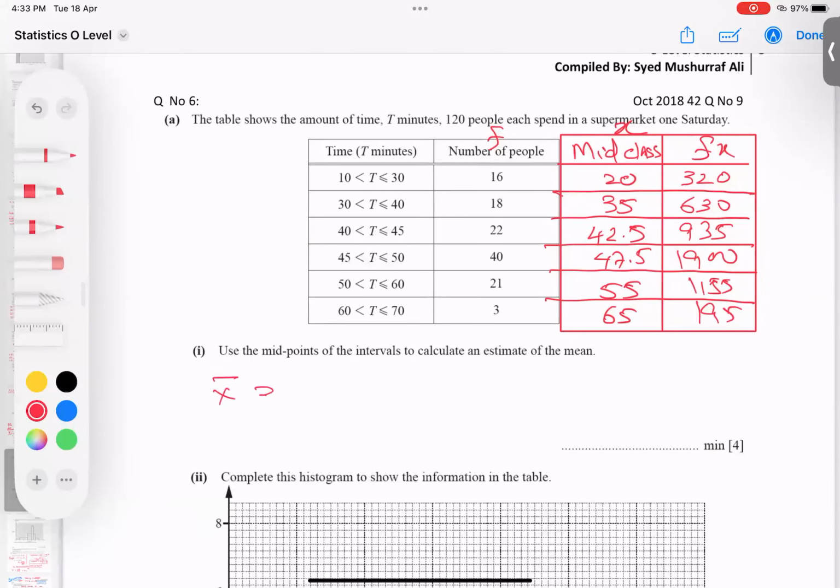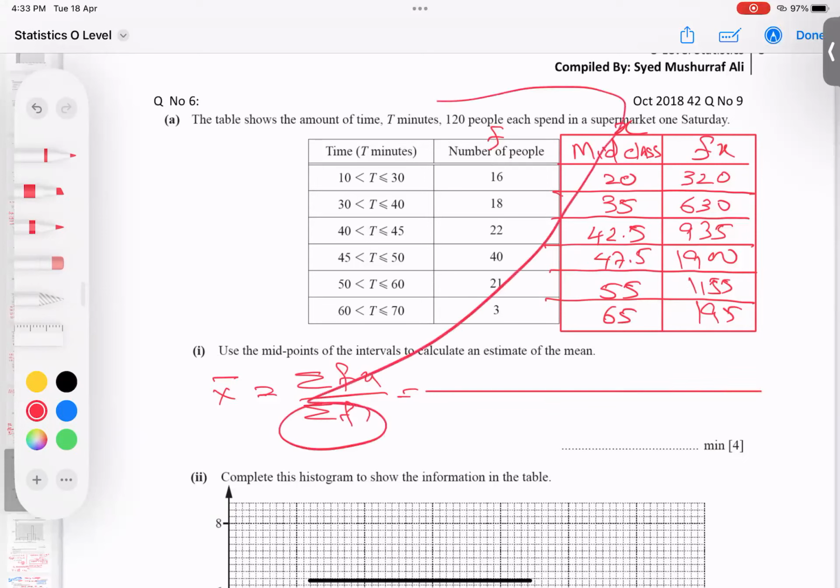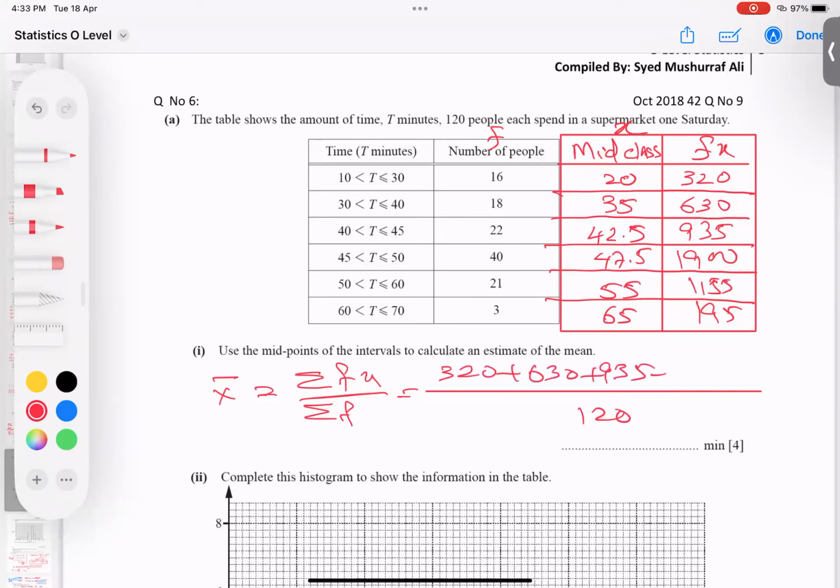The formula is what? X bar is called X mean. The formula is sigma fx divided by sigma f. No need to waste time on this because these are 100% 120 people. So the upper value will add 320 plus 630 plus 935 plus 1900 plus 1155 plus 195.